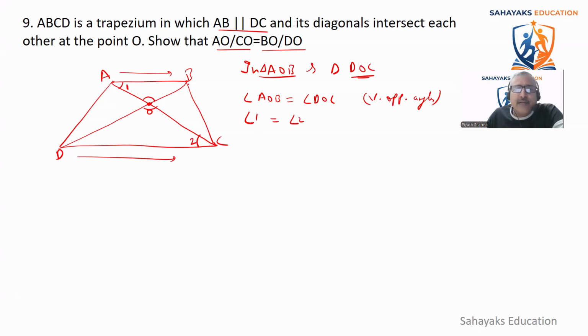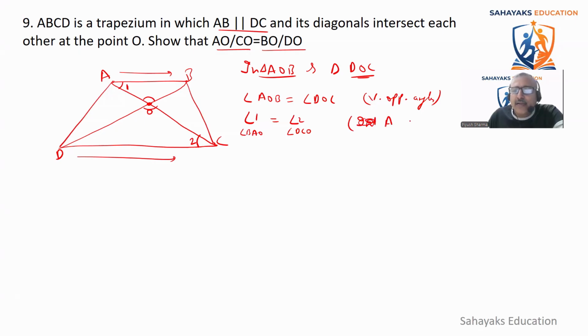What is angle 1? Angle BAO. And what is angle 2? Angle DCO. Why are they equal? You have to mention: these are alternate interior angles.